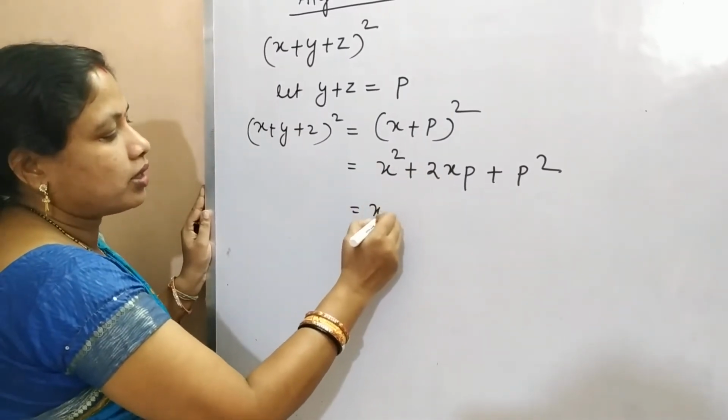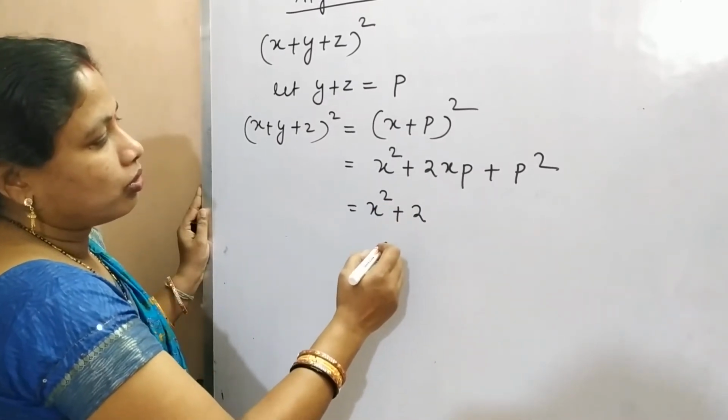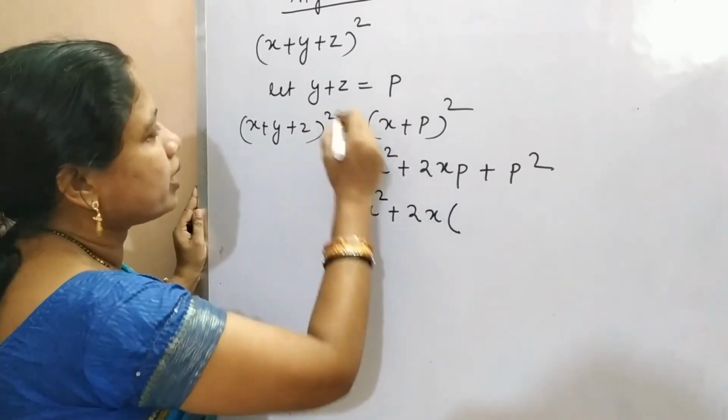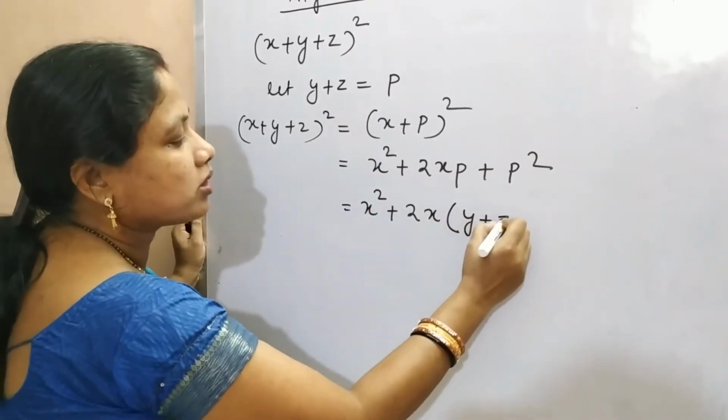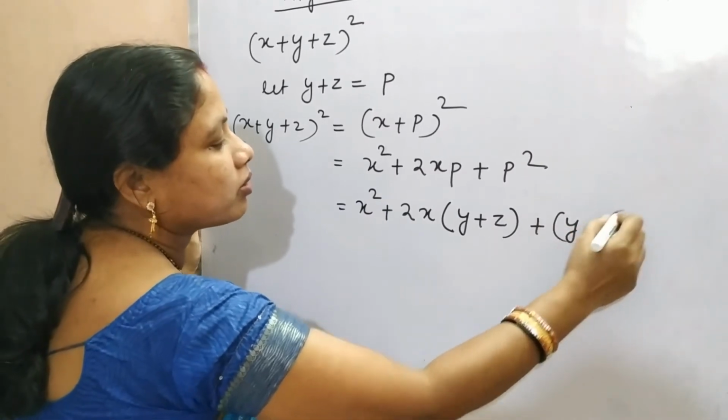So this is equal to x square plus 2 into x into what is p here? y plus z, plus y plus z whole square.